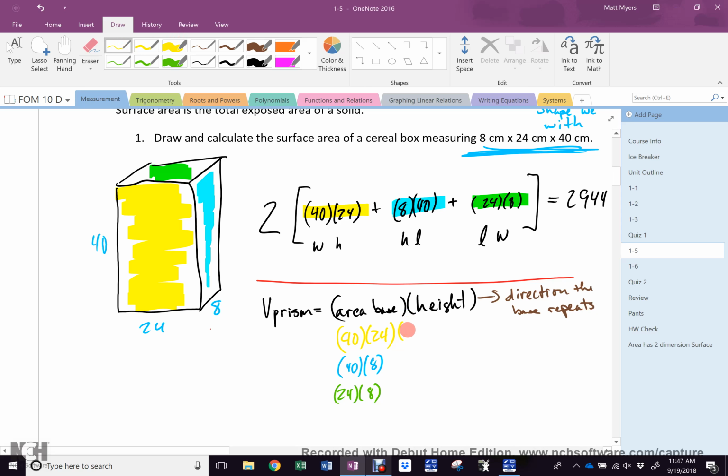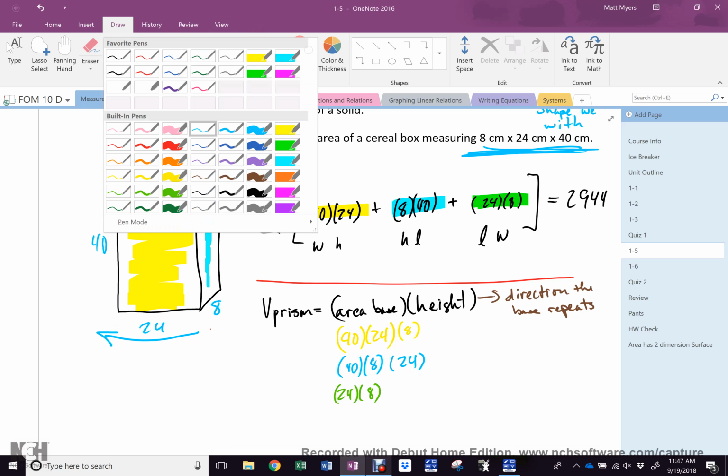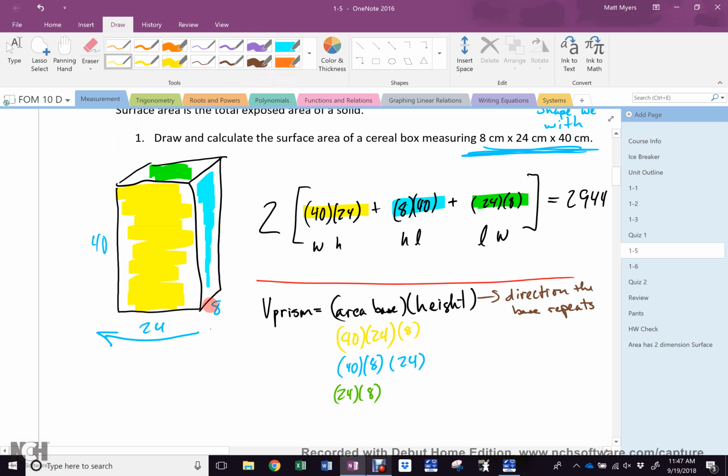Yep. 8. What would the height be if I used the blue one? 24, because the blue base moves that way. The yellow base moves that way. What direction does the green base move? Down, because you can see the green and it repeats downwards. So what is the height for the green one? 40.